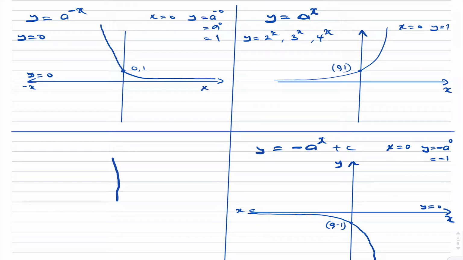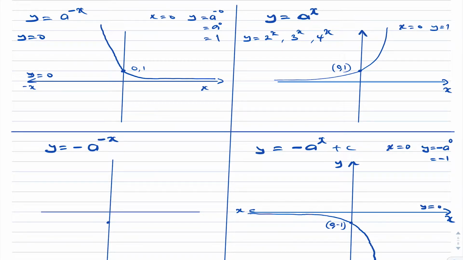You can guess what the curve will be for the negative of the power of the negative variable. Y equals minus a to the power minus x. In this case, it's a reflection on the x-axis.